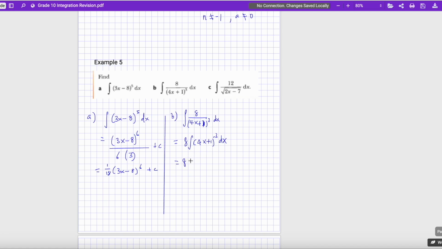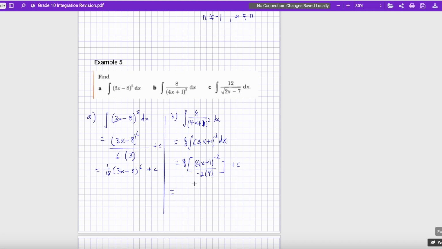So let's integrate. We'll add 1 to the power, so (4x + 1) to the power of minus 2. And we're going to divide this by the new power, in this case minus 2, and we'll divide by the differential inside the bracket, which is 4. And then we're going to plus c.